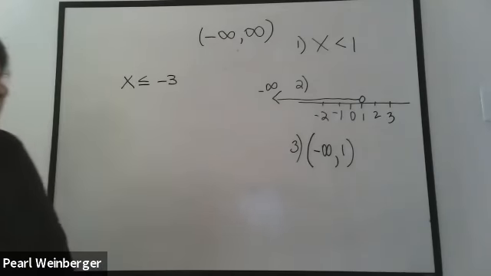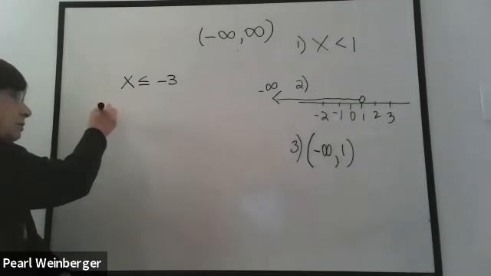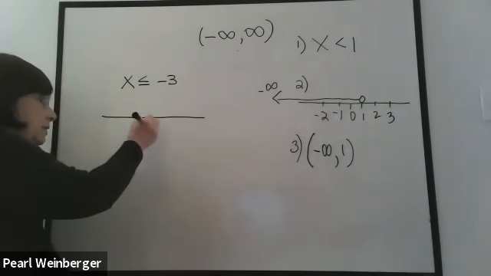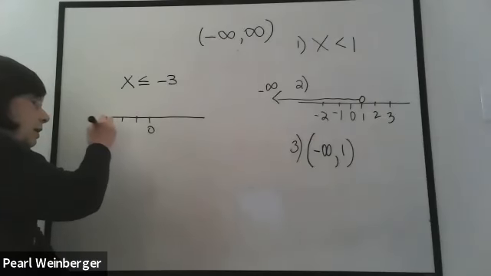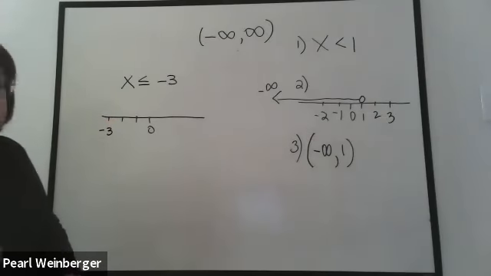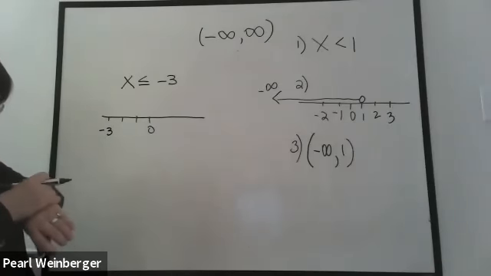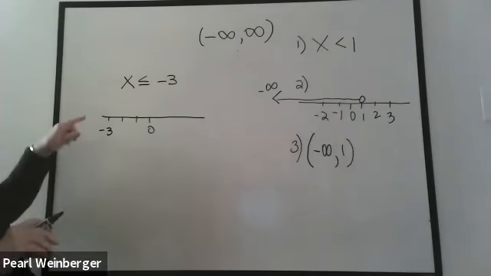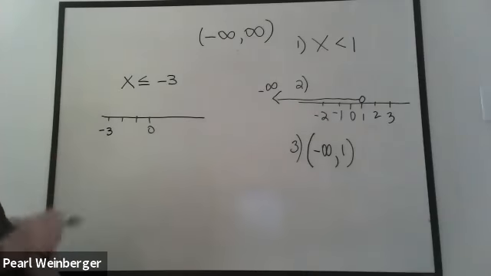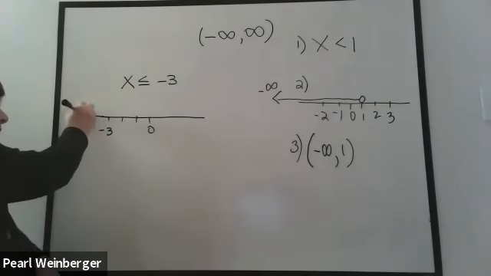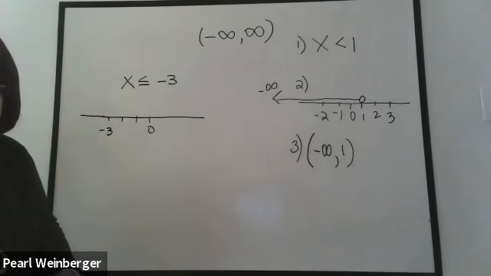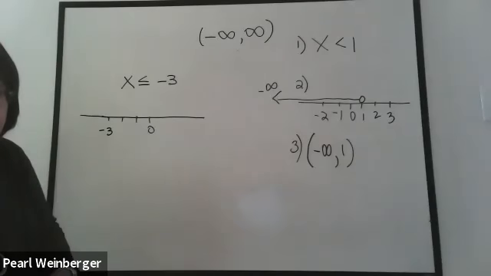Okay, and I see people are putting in the answers. Let's see how this looks on the number line, and let's see how it looks in interval notation. Okay, we want x less than or equal to -3. So here's my -3. Do I make a filled in or an open circle at -3? Filled in. Open circle. How many people think it should be open?